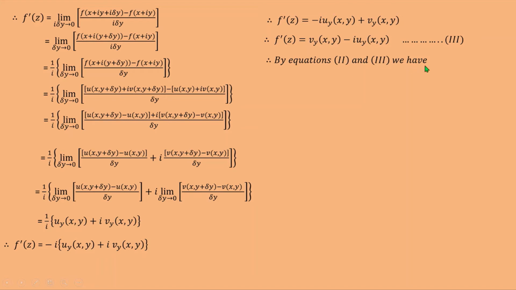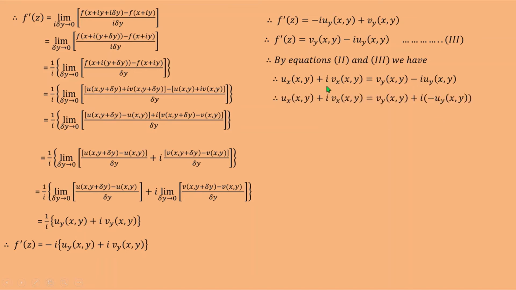By equations 2 and 3, we have u x of x comma y plus i v x of x comma y is equal to v y of x comma y minus i u y of x comma y. Take this minus sign inside, and so we get u x plus i v x is equal to v y plus i into minus of u y.